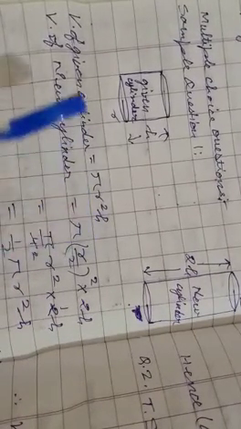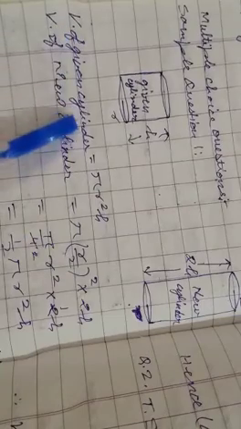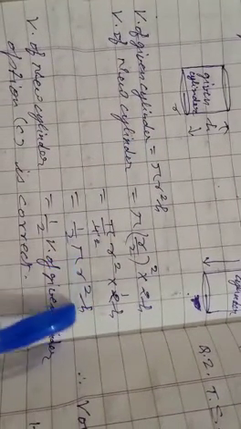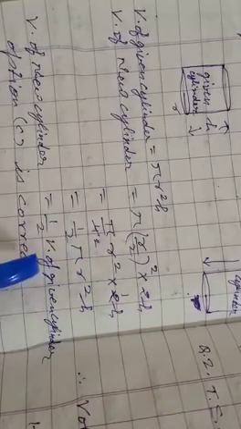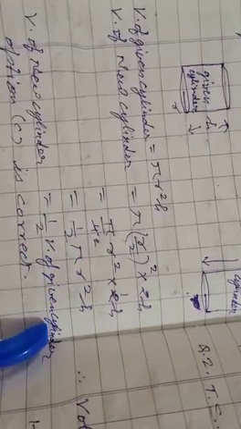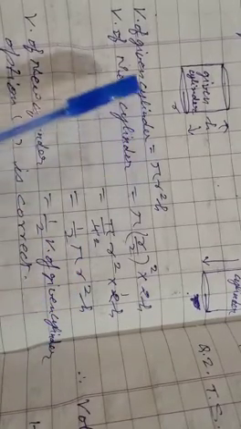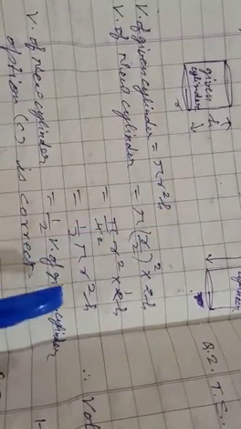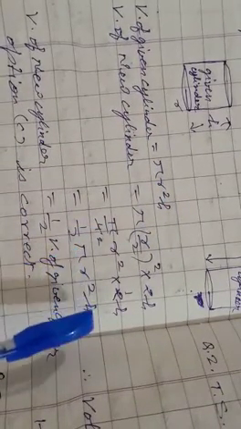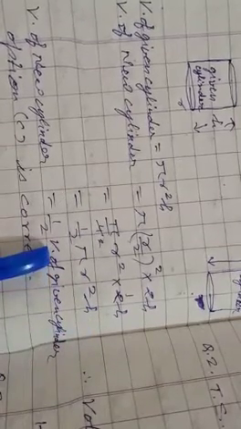Value of pi r square h is the volume of given cylinder. So we write in place of pi r square h, the volume of given cylinder. Half multiplied by volume of given cylinder.